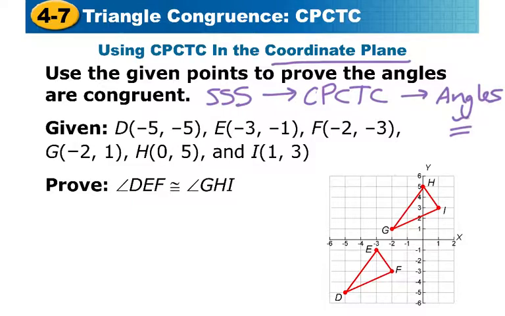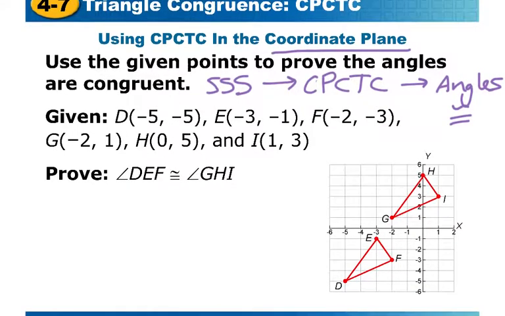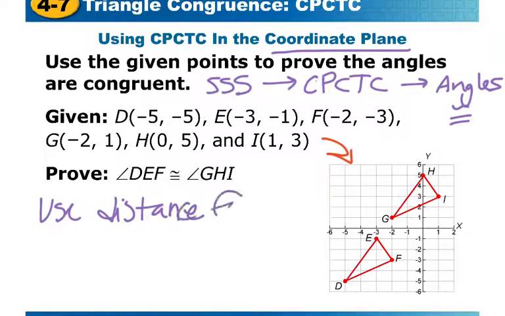Taking a look at this, and it is already plotted for us here, we have each of these three points making up these two triangles, triangle DEF and GHI. What we need to do is use the distance formula, which we did practice, in order to find the length of GH so that we can match it to one of the sides in the other triangle.